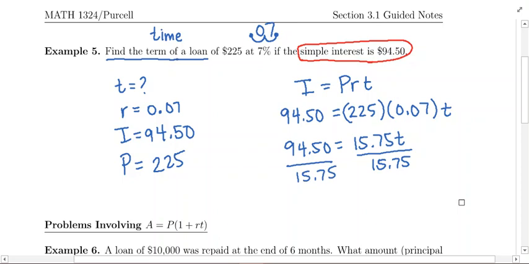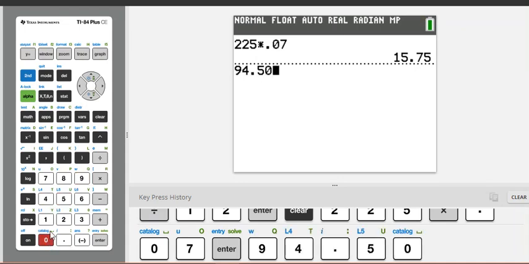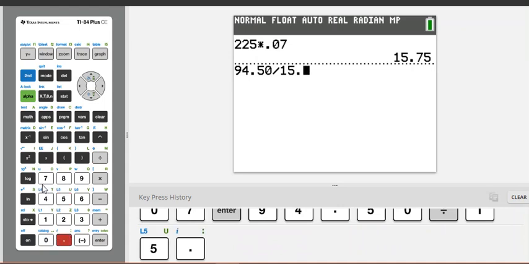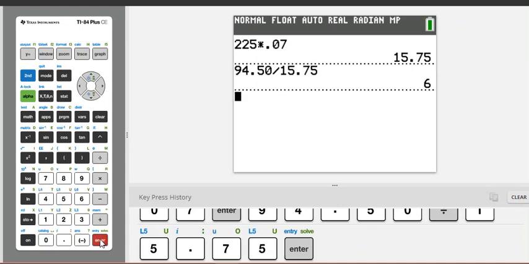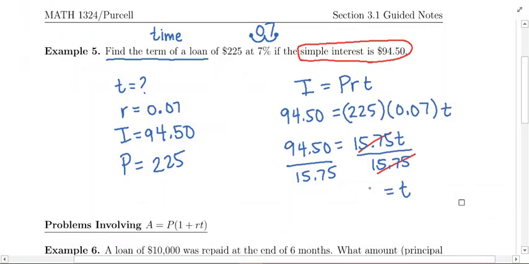So the 15.75s on the right will cancel and leave you with T. Now I can go to my calculator and put in 94.50 divided by 15.75, and that will give me my answer. Plug it in here, and we get 6. So T equals 6.